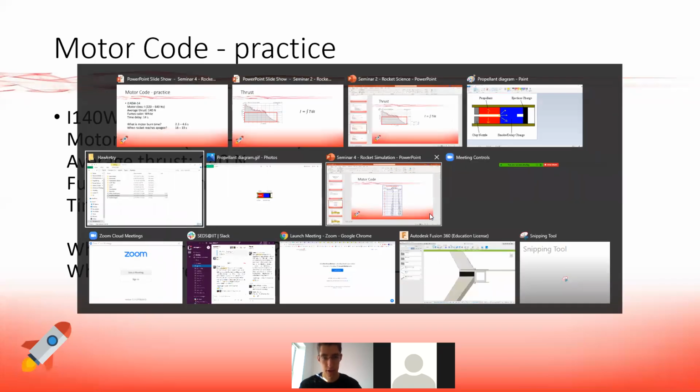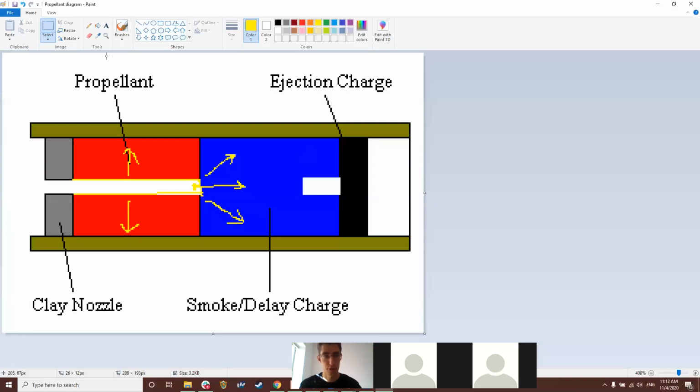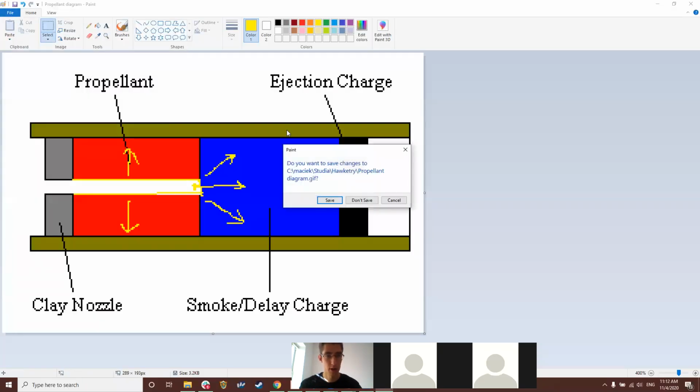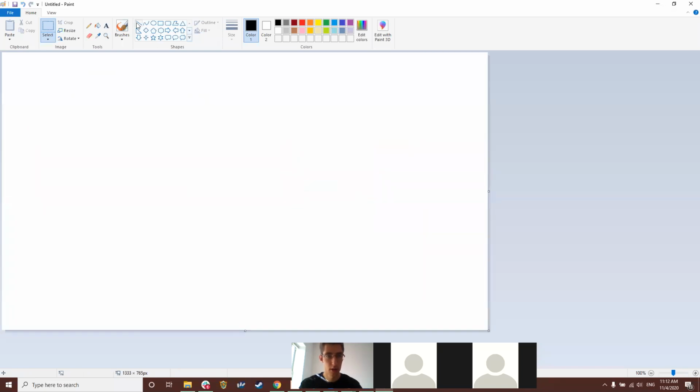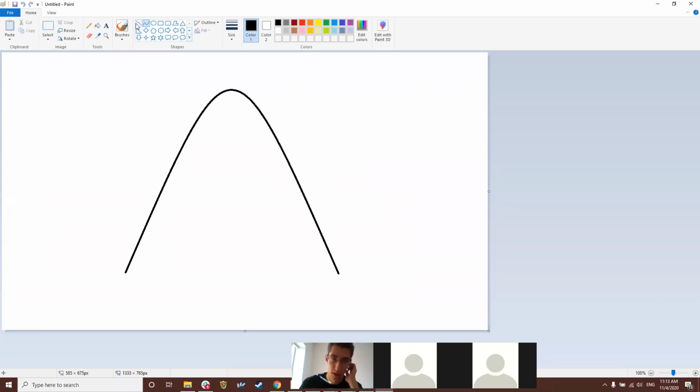I'm just gonna draw something quickly for you to make sure that you all got it. So here's the typical flight profile. So let's say for this portion of flight, you have a burn time.